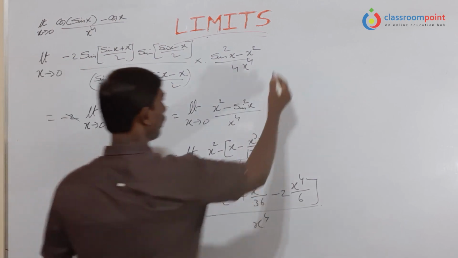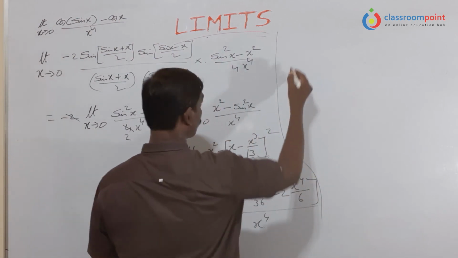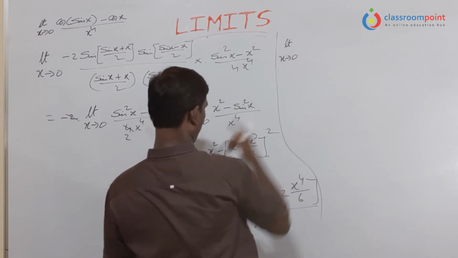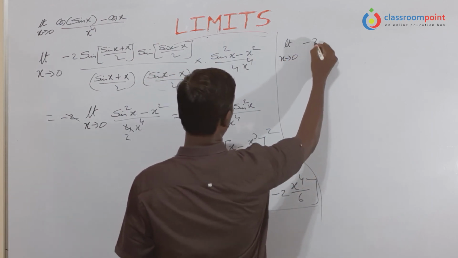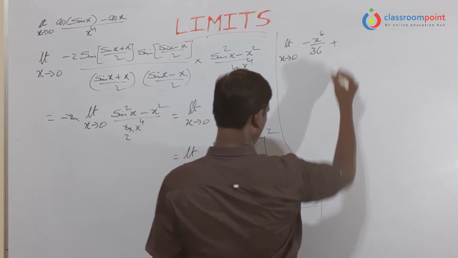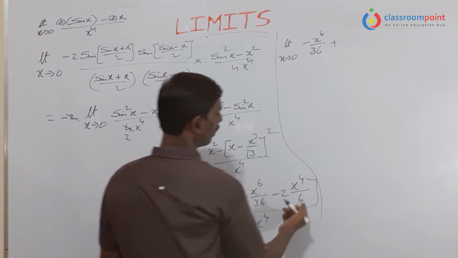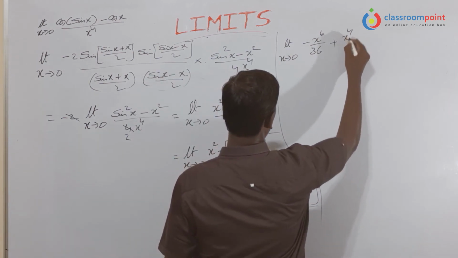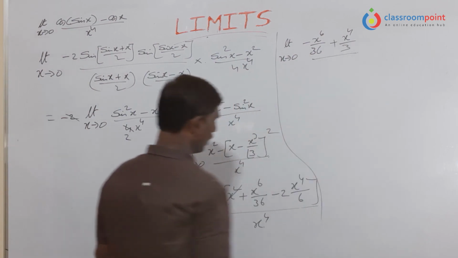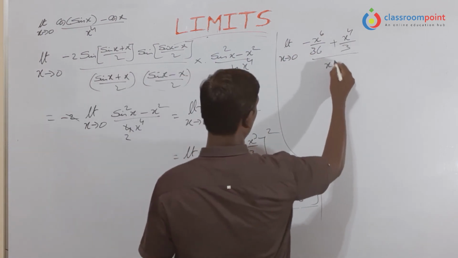Here the remaining value is limit x tends to 0, minus taken inside, minus x power 6 by 36 plus, these two will cancel, x power 4 by 3, by x power 4.